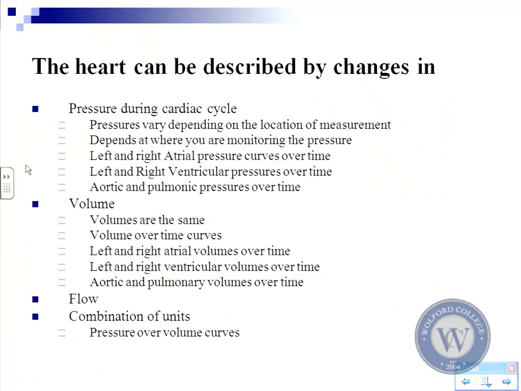The other thing you see is that the left and right atrial pressure curves over time look exactly the same except for the changes in pressure. The left atrial pressures are higher than the right atrial pressures. The reason for the difference is the differences in compliance of the ventricles that they're pumping into.